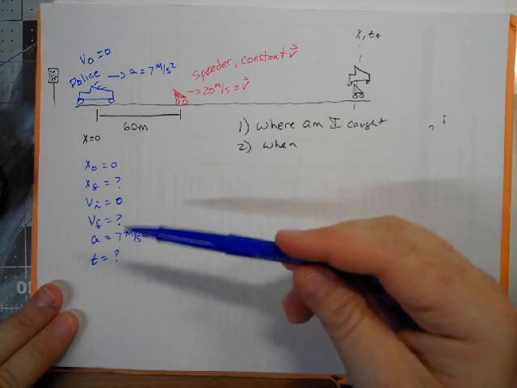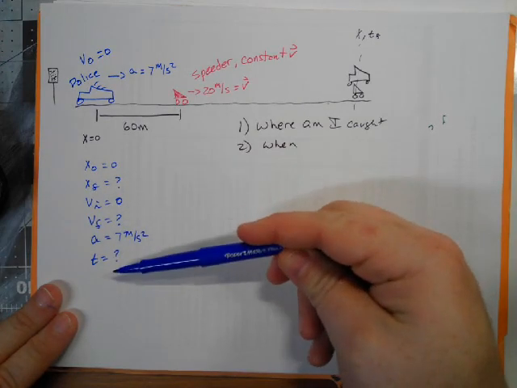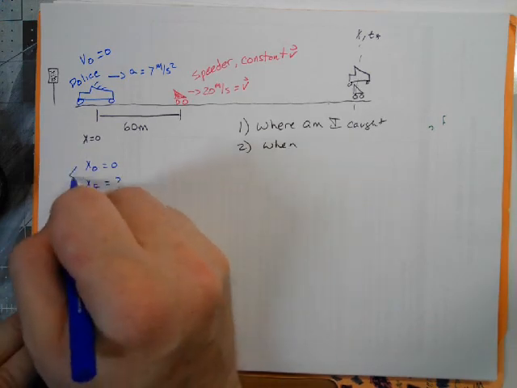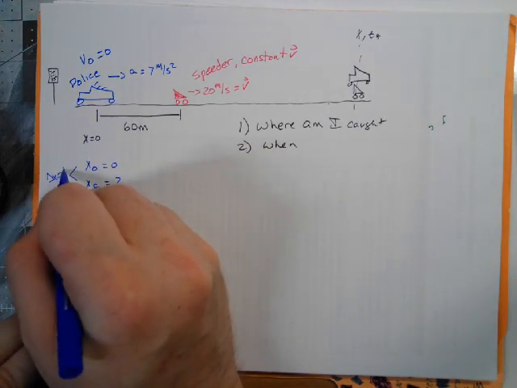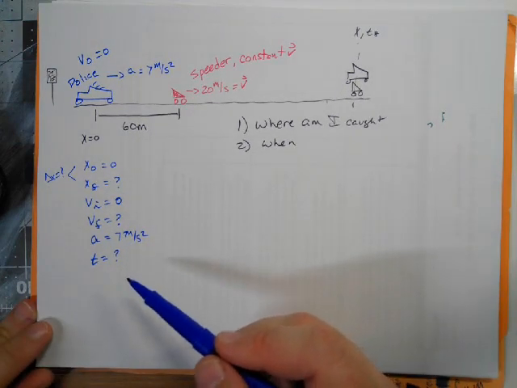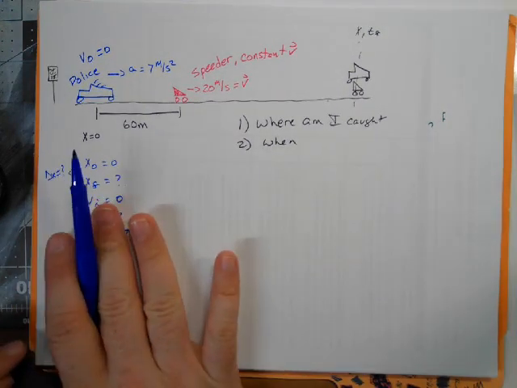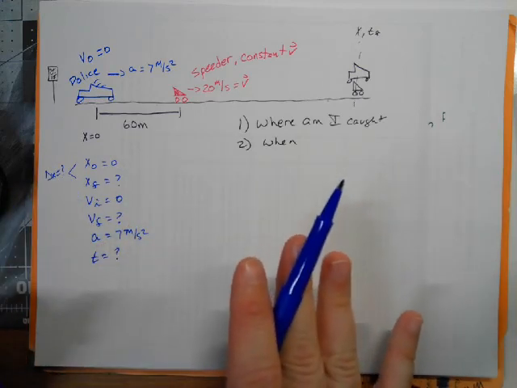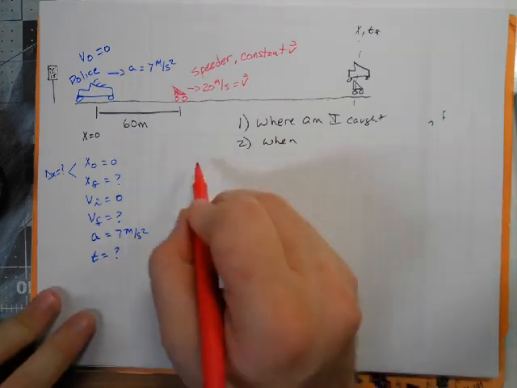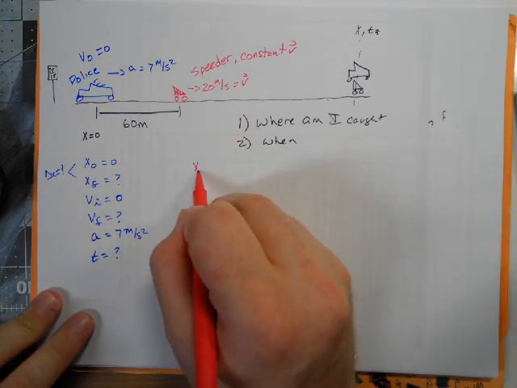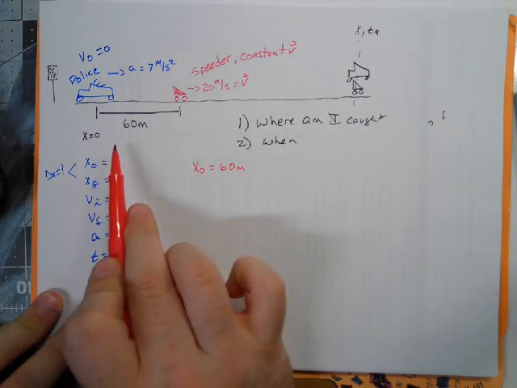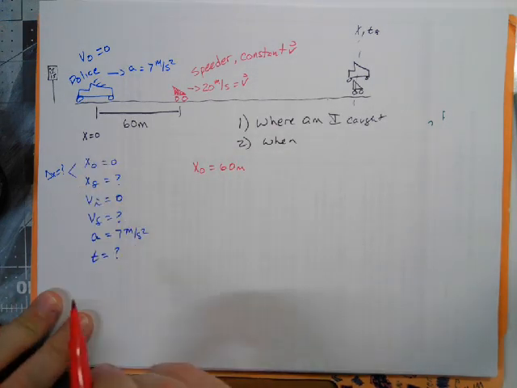When we look at this, there's really 6 variables, and we only know 3 of them. And if we do this as delta x is something, then there's 5 variables, and we only know 2. So we don't have enough information here to apply any of the equations that we knew before. Let's see the speeder. Well, they have X initial is 60 meters because we're both sharing the same coordinate system, so we both have the same x equals 0.